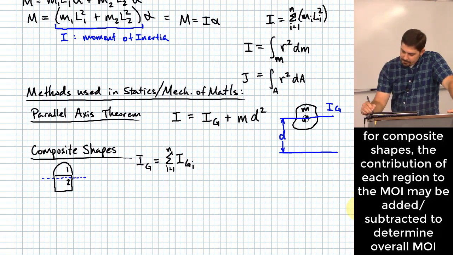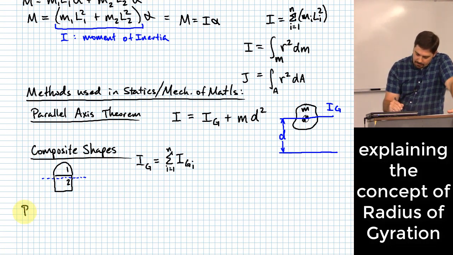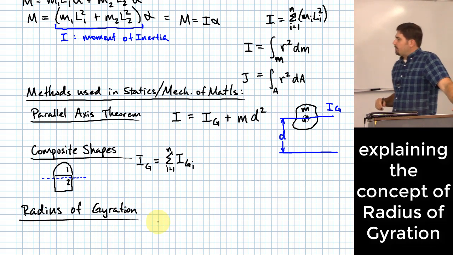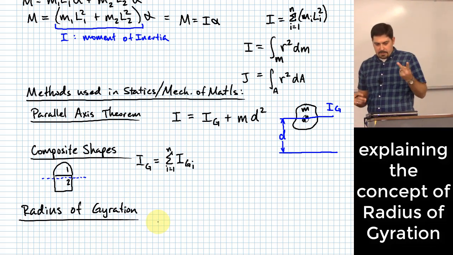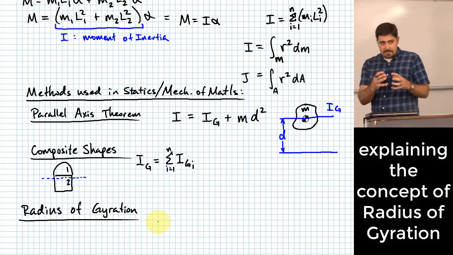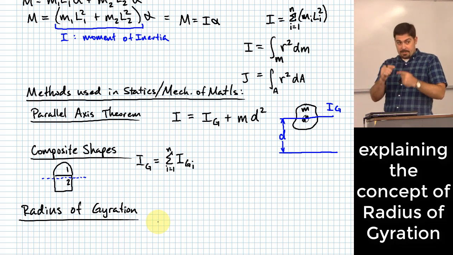Here's a different idea, one that you're probably not as familiar with. It's called radius of gyration. What you do with radius of gyration is you understand that there's basically two factors that go into the resistance of a body to begin to accelerate rotationally.